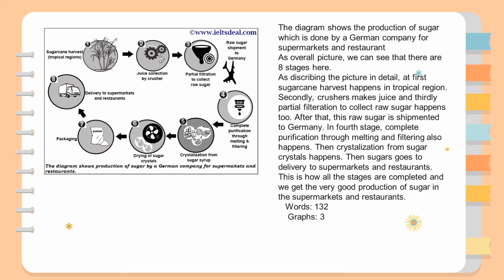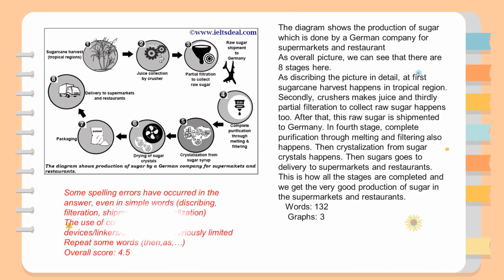As you can see, some spelling errors have occurred in the answer, even in simple words like describing, filtration, or segmented. And also, as Nguyen has said before, the use of cohesive devices like linkers or connectors is seriously limited. And it also repeats some words like then or as.